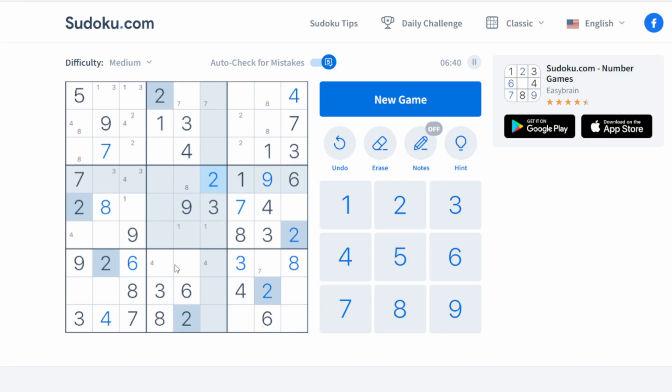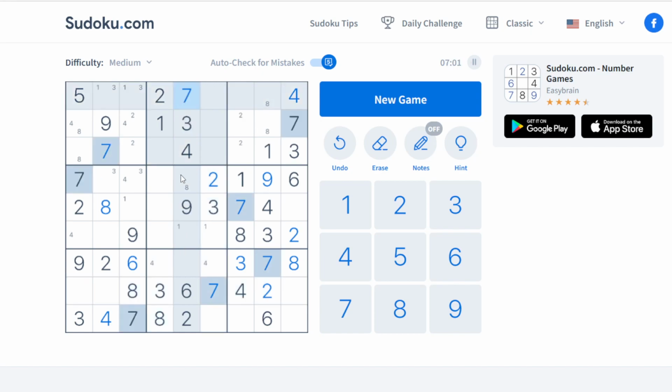Okay, and let's take a look at some more ramifications from that. We know from a pencil mark that's guaranteed to be the 7. The 7 must go here from these two 7s. The 7 must be right here. There's another ramification that we know.